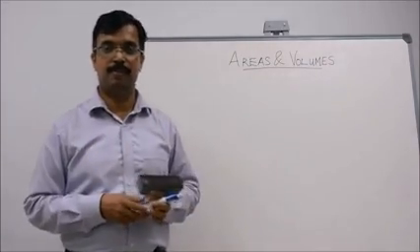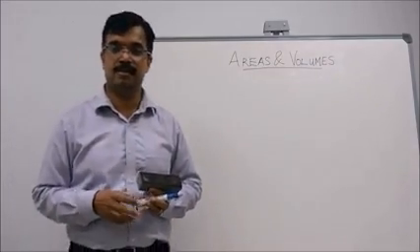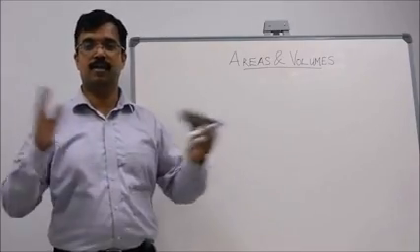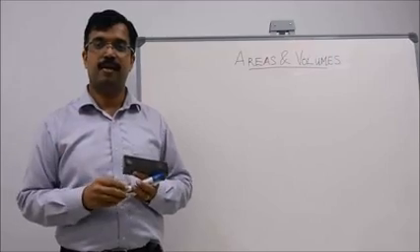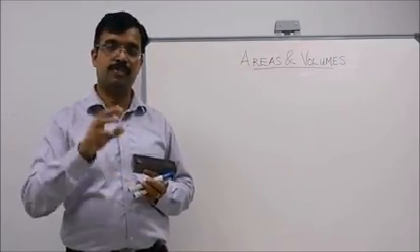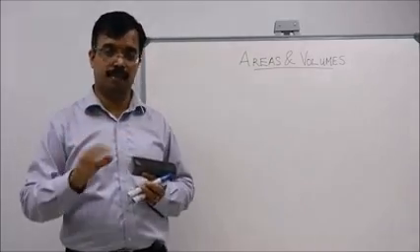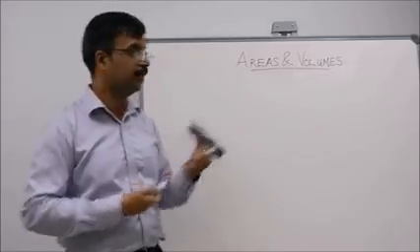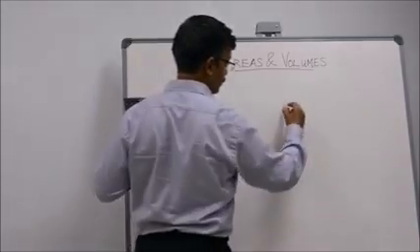Okay, the problem statement suggests that there is a garden which is of certain length and certain width, and then somebody is planning to draw a path around it. So the question is, what is the area of the path? So let's try to work it out. Assume that this is a garden.